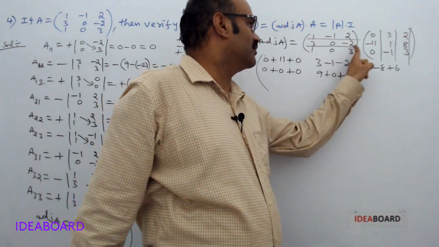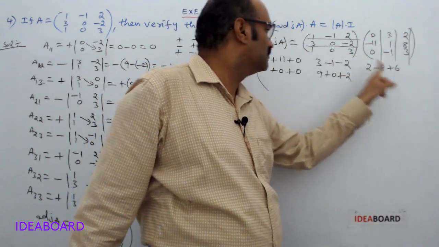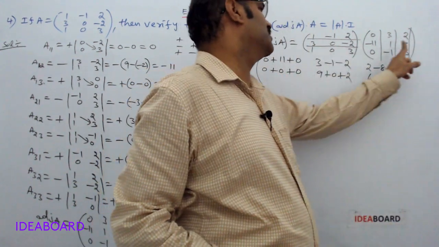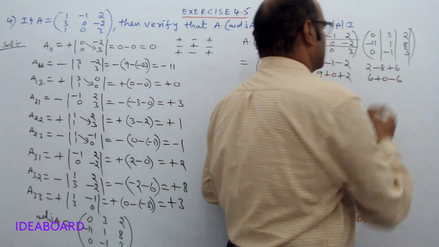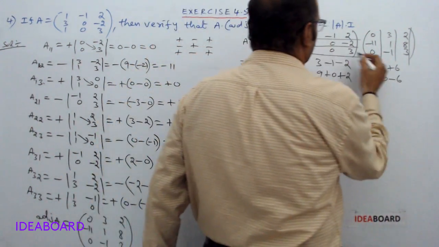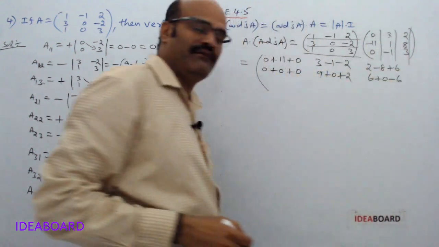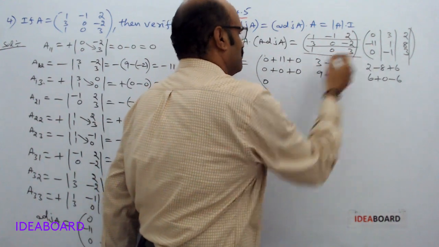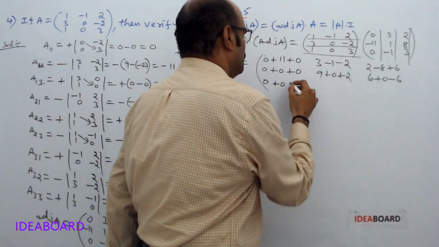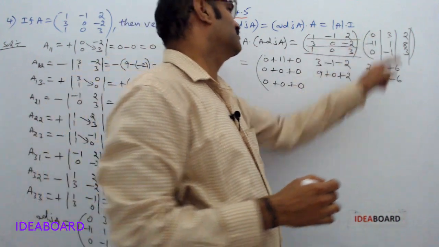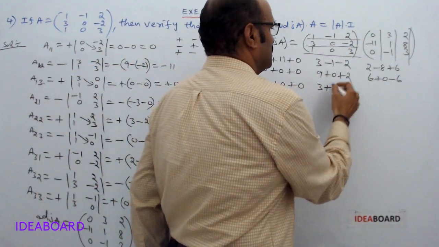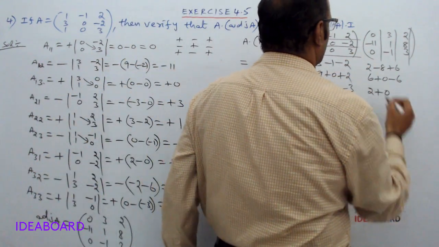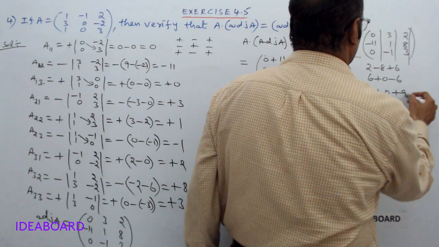Next, second row into third column, 3 into 2, 6, plus 0 into 8, 0, next minus 6. Similarly, now third row into first column: 1 into 0, 0, 0 into minus 11, 0, 3 into 0, 0, 1 into 3, 3, plus 0, minus 3, 1 into 2, 2, 0 into 8, 0, 3 into 3, 9.